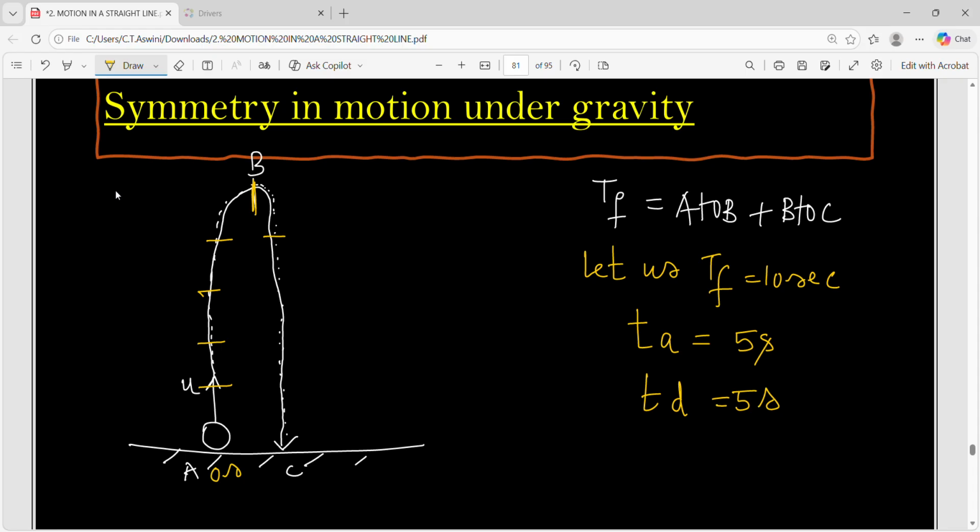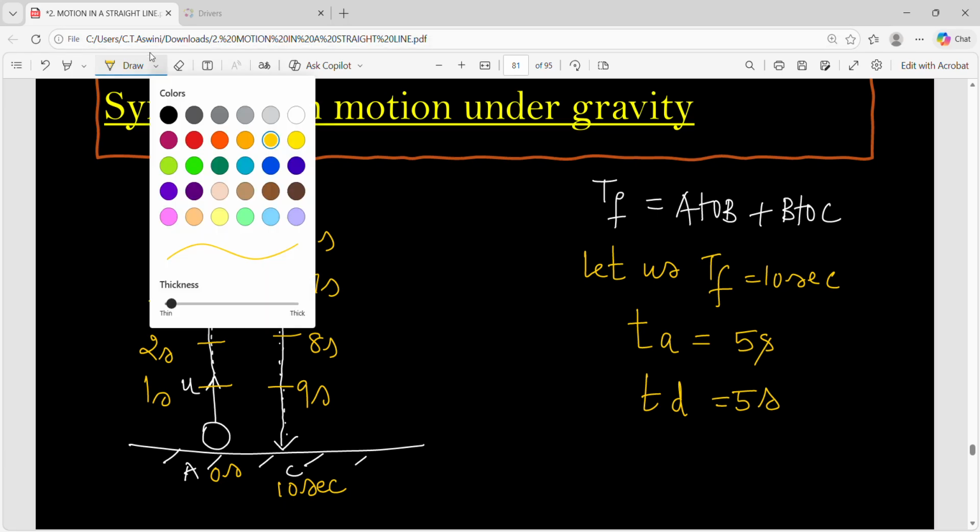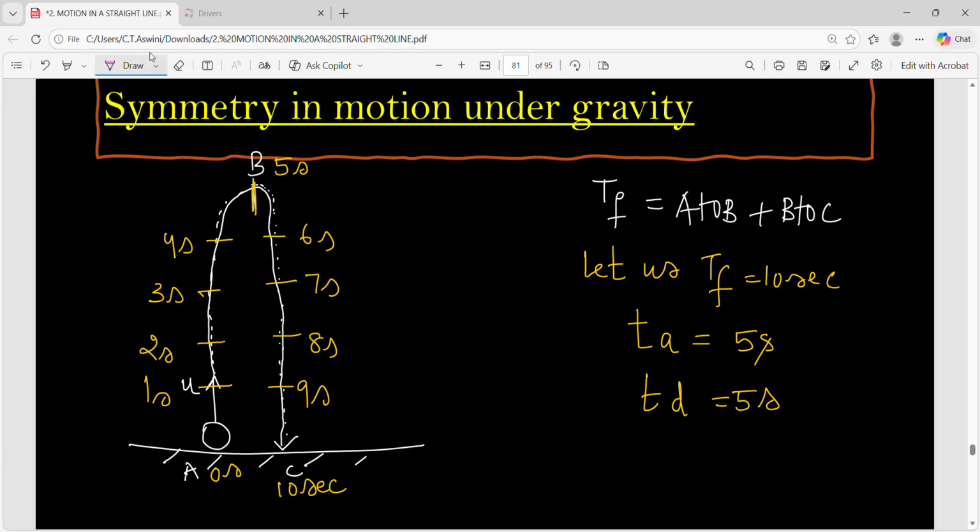Sixth second, seventh second, eighth second, ninth second, and at 10 seconds, the body will be back on the earth, right? This is the position at the first second, second, third, fourth second, and the position at the fifth second. Fine. Now, what is this symmetry in motion under gravity?